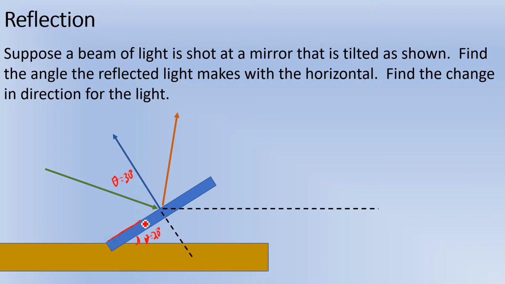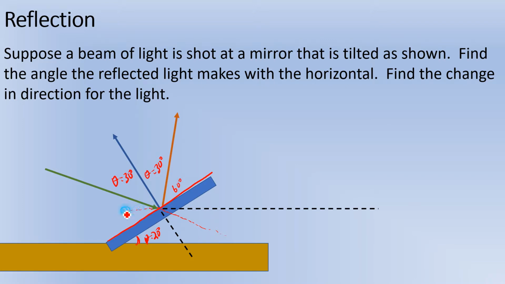So I'm going to make my table surface really clear right here. Now the green is the incoming light, so it's going down this way. But it gets reflected. So my angle of incidence is 30, which means my angle of reflection is also 30. And since the normal makes a right angle, I know that this is going to be 60 right here.